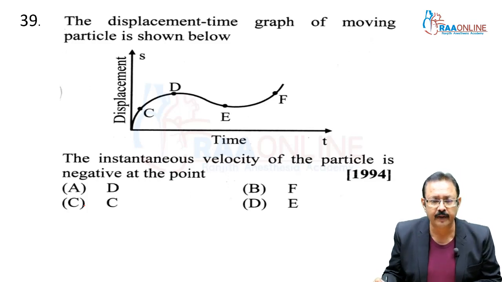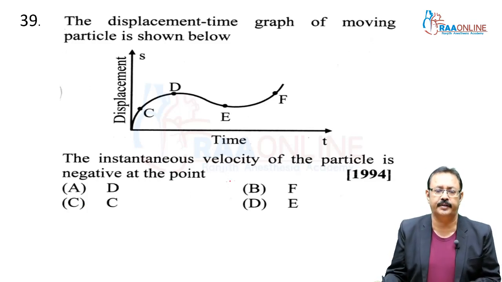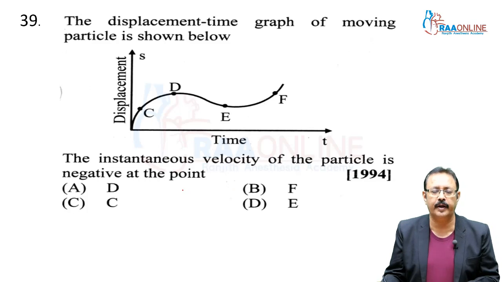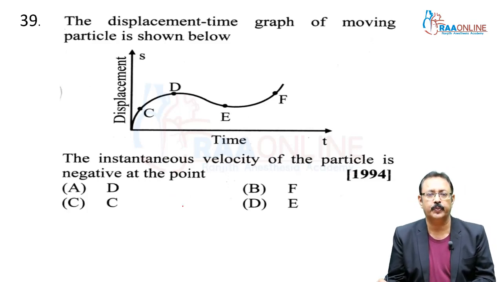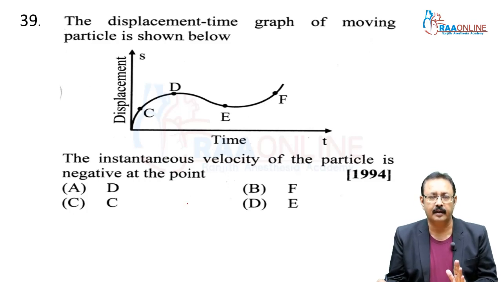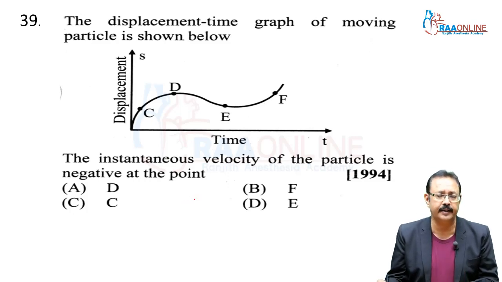Velocity is given by the slope of the tangent at any point in the displacement time curve. The slope means tan theta, the velocity.